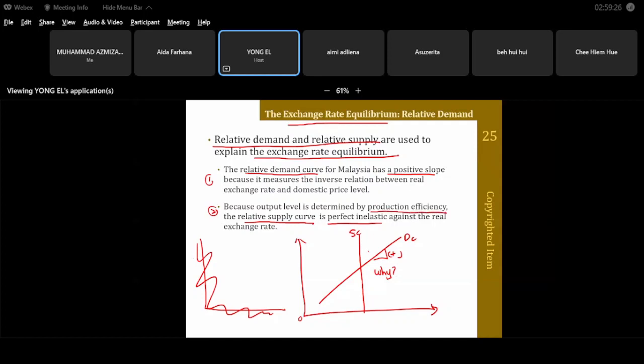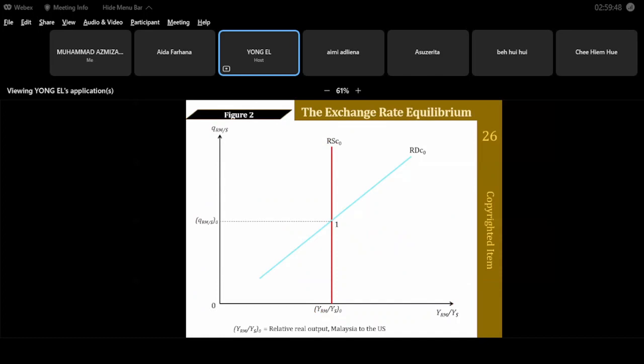Hence, the supply is vertical, perfectly inelastic, unless there is an improvement in production efficiency, then this vertical line can shift either to the left or right. Just like this one. Okay, you see this.